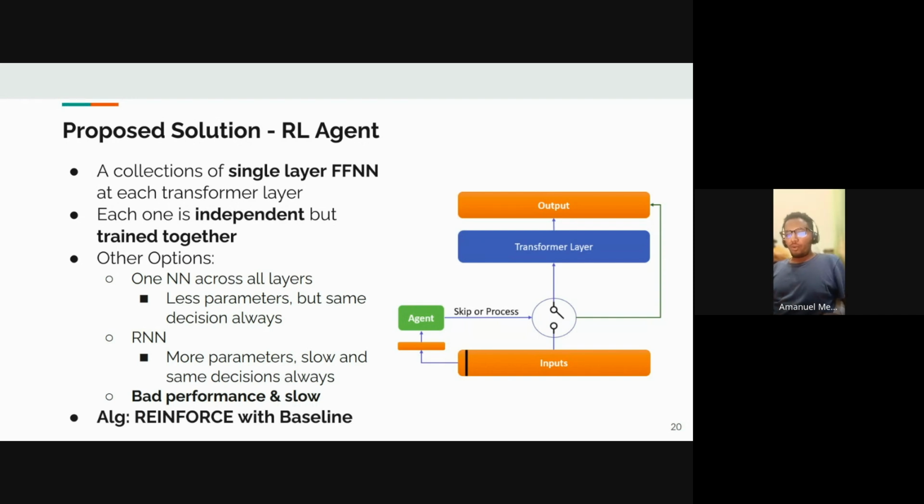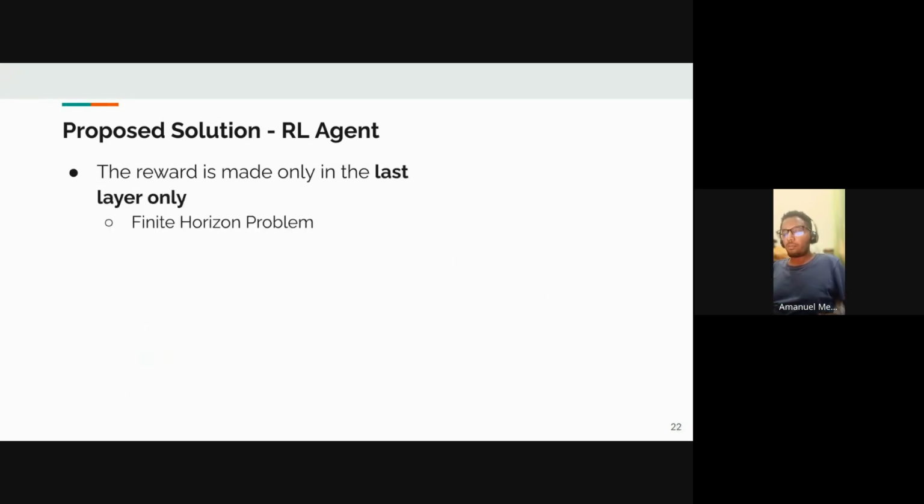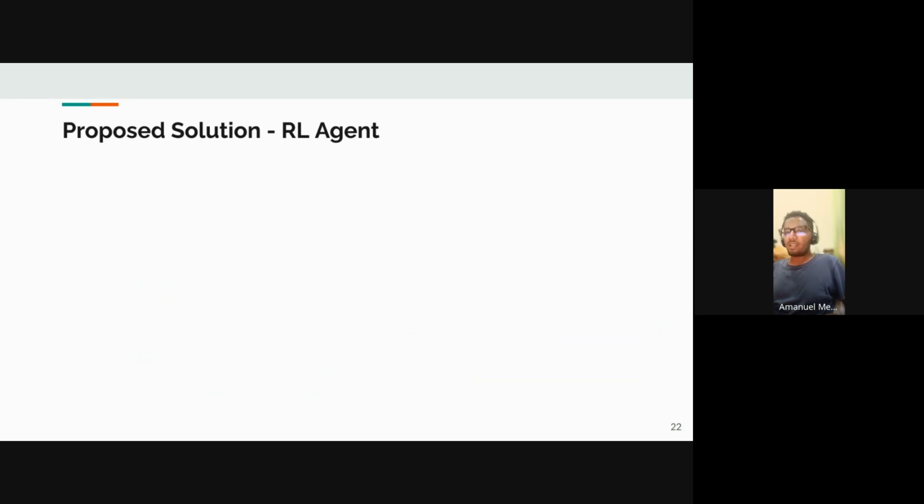Okay, so what algorithm did we use? REINFORCE with baseline. It's one of the basic algorithms in reinforcement learning. In this case, the reward is given only in the last layer.